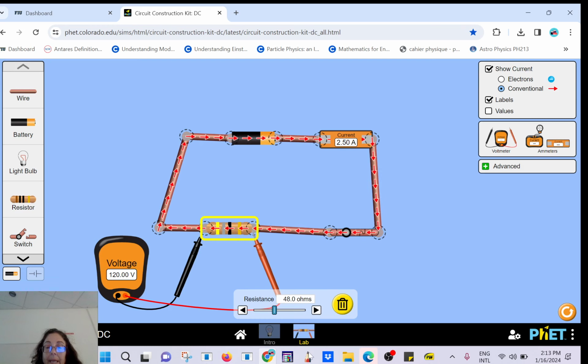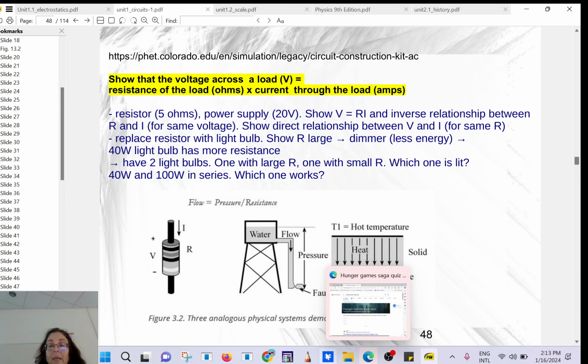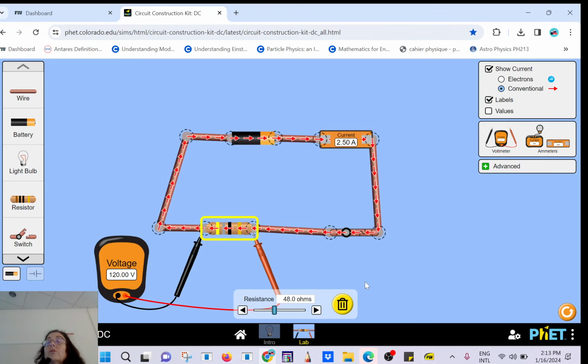It means that the voltage drop across a resistor equals the current flowing through it times R. So all you have to do, voltage drop equals Ri. It's called Ohm's law, and it's not a nature's law.